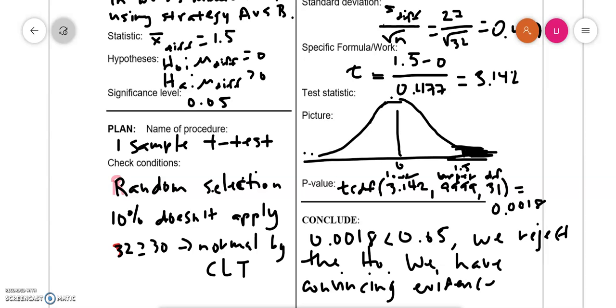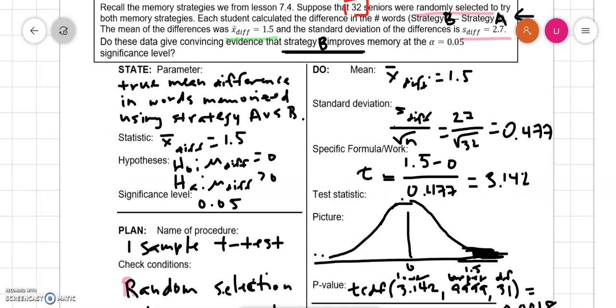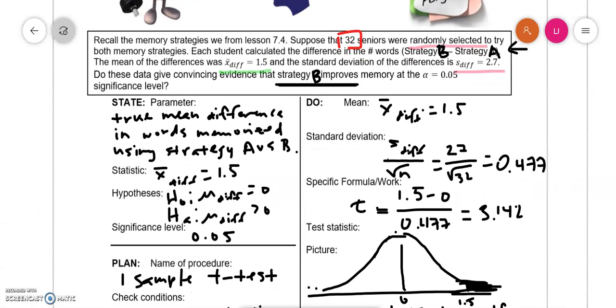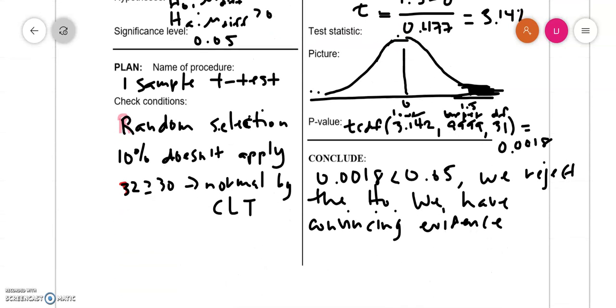We have convincing evidence that what? Remember, you can copy from the question here. So this whole section, we have convincing evidence that we don't even need the significance level. Strategy B improves memory. So I'll just erase this part. And we'll add this to our line.